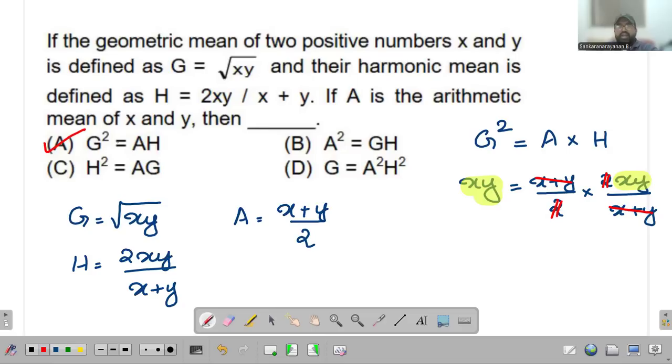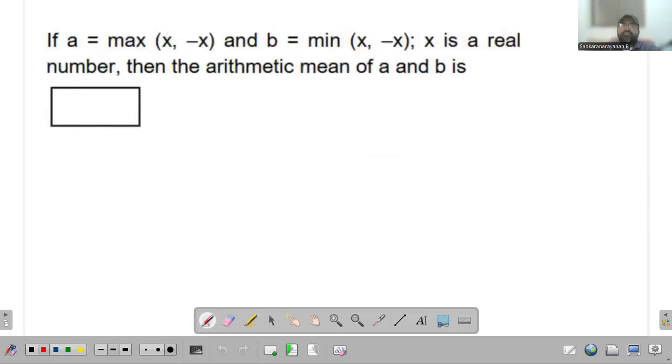And now the final question. It is given that A is equal to max of x comma minus x. For example, let me take x equal to 5. A will be the maximum value among 5 and minus 5, which is 5.